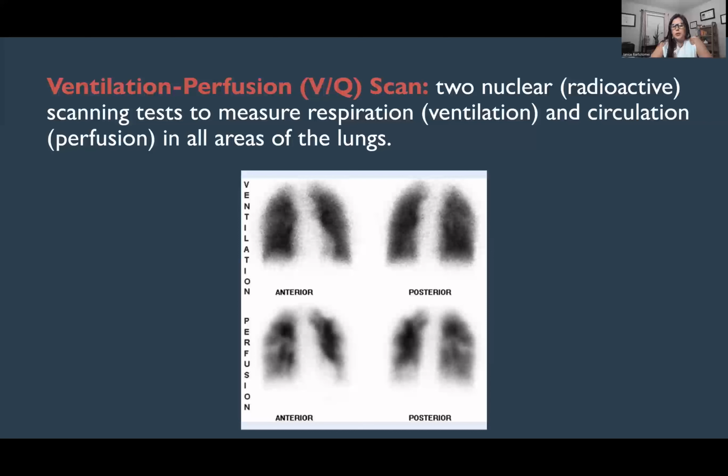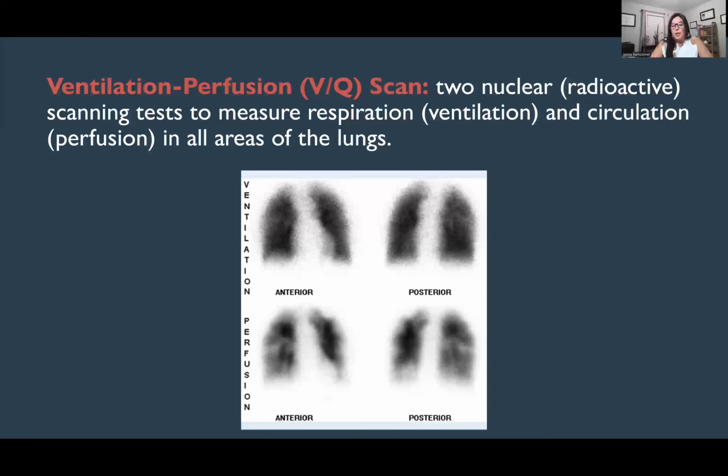It's nuclear, they use a radioactive agent. And it's pretty cool. We use this to diagnose sometimes pulmonary embolism, which is a clot in the lungs, or other things. So I just gave you a brief overview of the respiratory system.